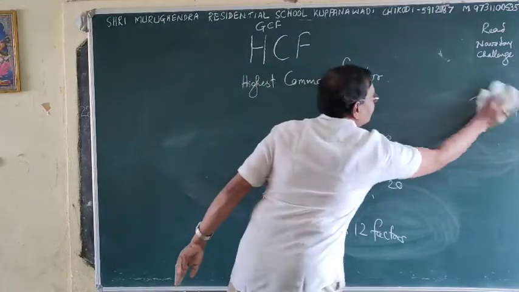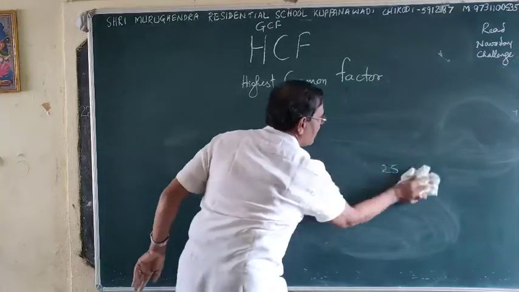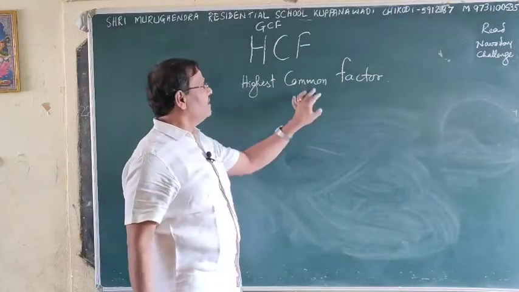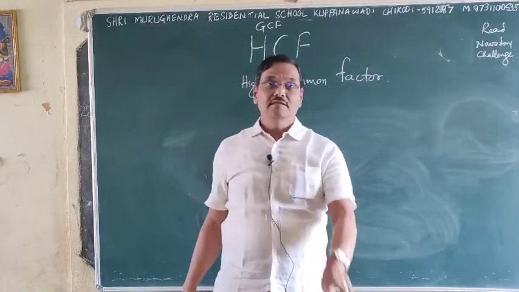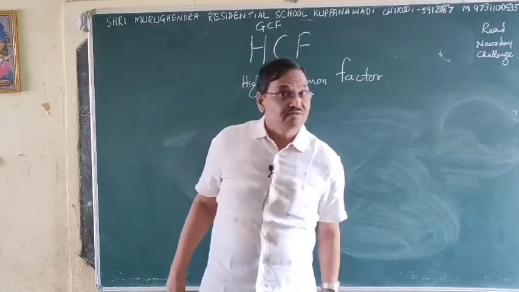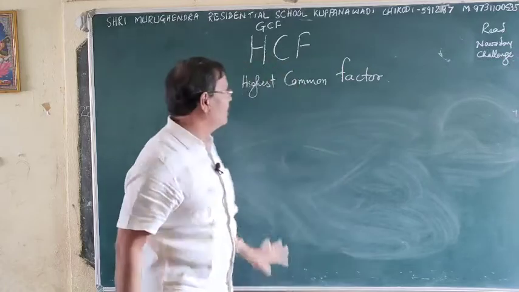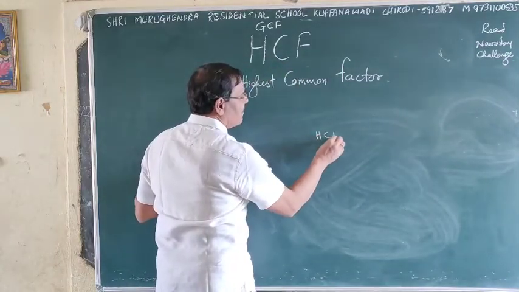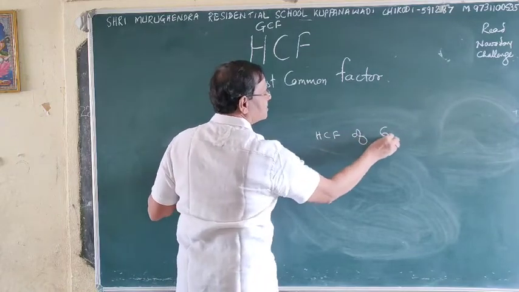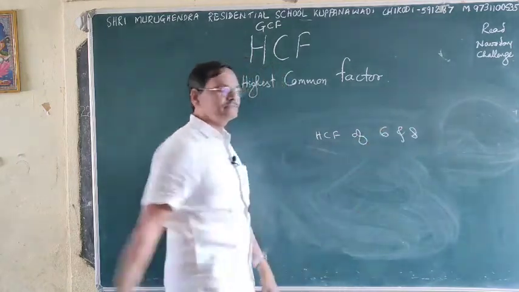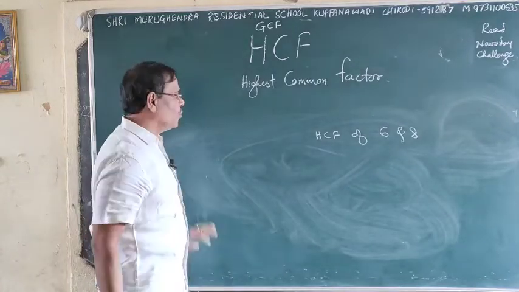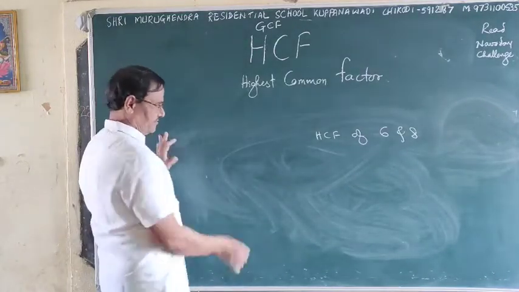Then what is a common factor? So when common is asked, at least 2 numbers are required. So see, HCF of 6 and 8. Then you go for factors.